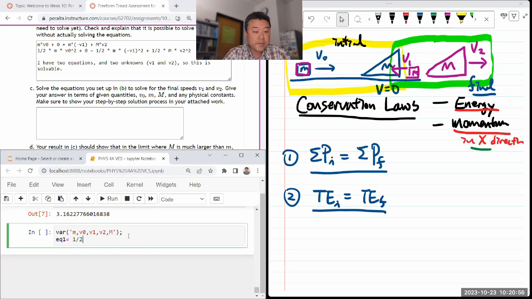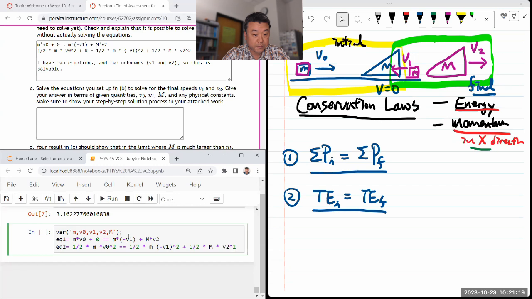My equation 1 is going to be m times v0 plus 0 is equal to m times minus v1 plus big M times v2. Equation 2 is going to be 1/2 times m times v0 squared is equal to 1/2 times m times minus v1 squared plus 1/2 times big M times v2 squared.